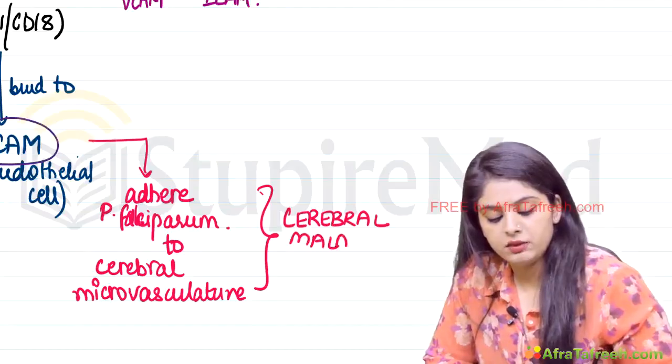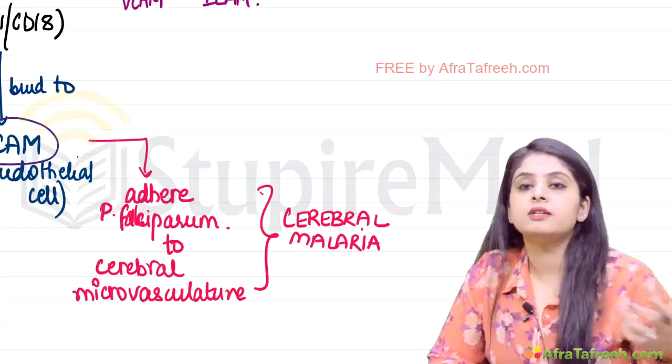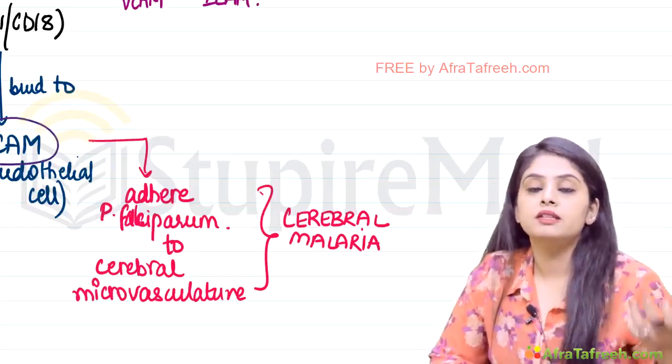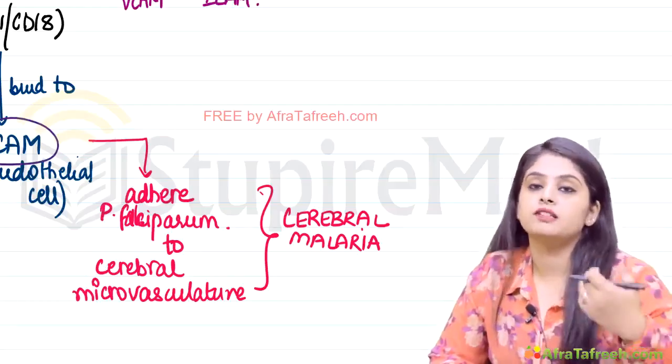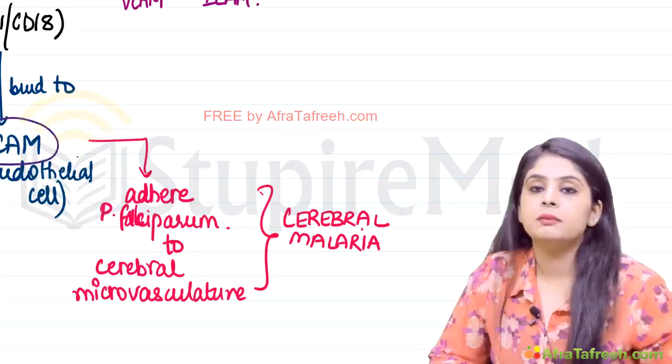So this is a link that we have made, slightly different from inflammation, a link that we made to infectious diseases, that ICAM will be the adhesion molecule for Plasmodium falciparum to cerebral microvasculature, resulting in cerebral malaria.